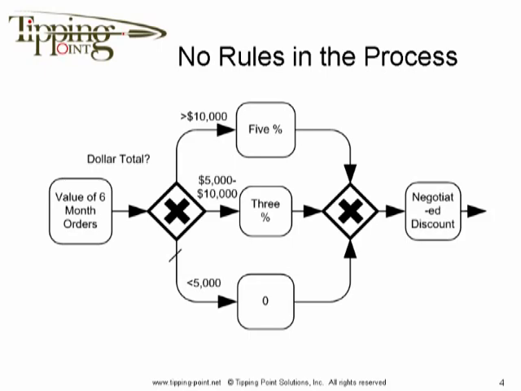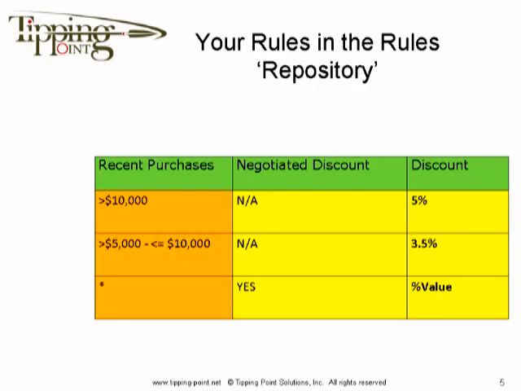In this other example, we put all of these rules into a simple truth table. And that truth table decides how to apply the discount based on their aggregate purchases over the last 6 months.